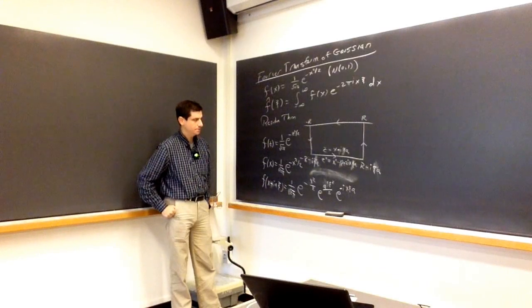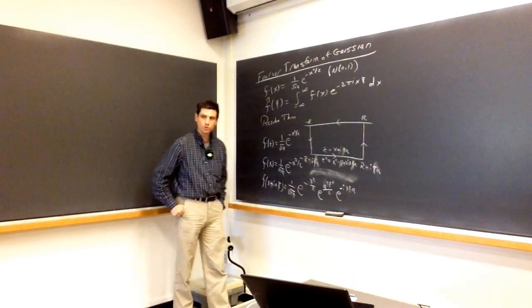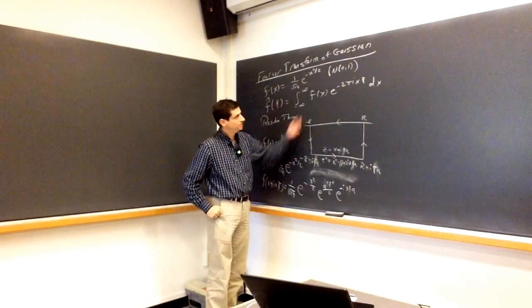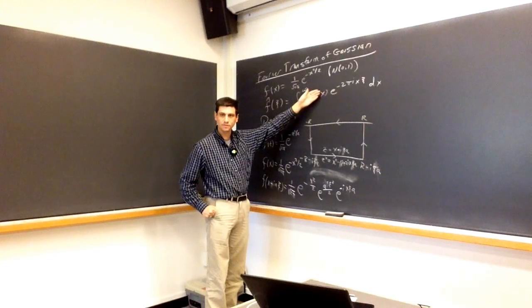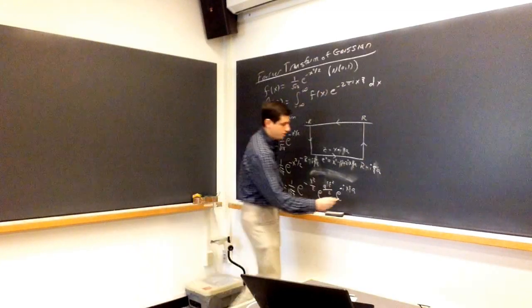What would we want a to be? What should we take a to be? If we want this to be the Fourier transform. Two pi. So take a to be 2 pi.